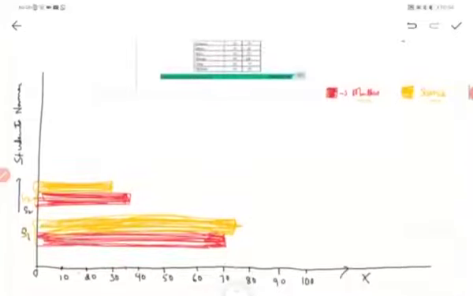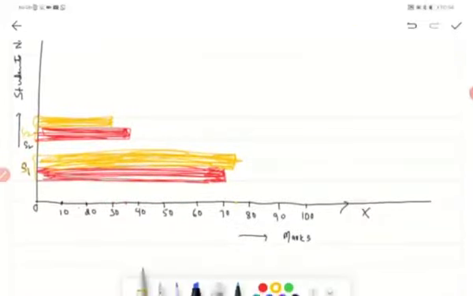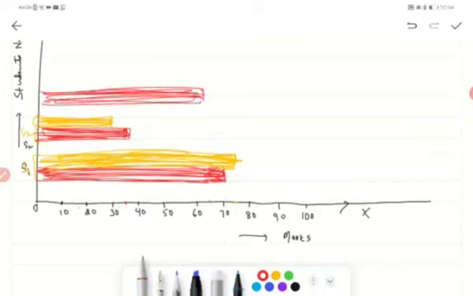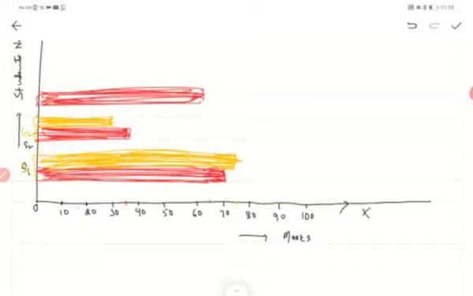And Money, 65 and 75, so take red 65, I will draw here. Approximately, obviously I need to draw because I don't have graph markings. 65 and yellow it is 75. All right, so here it will be 75.